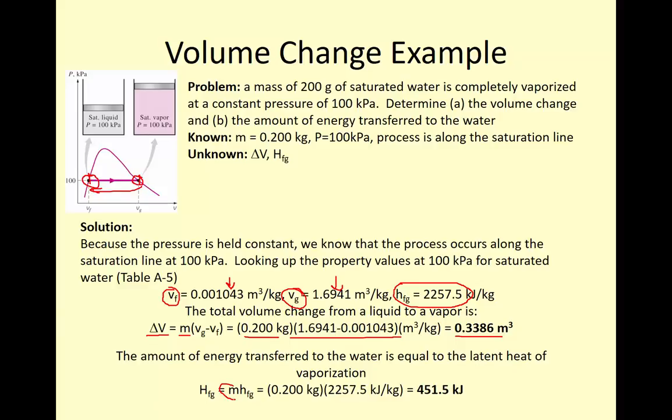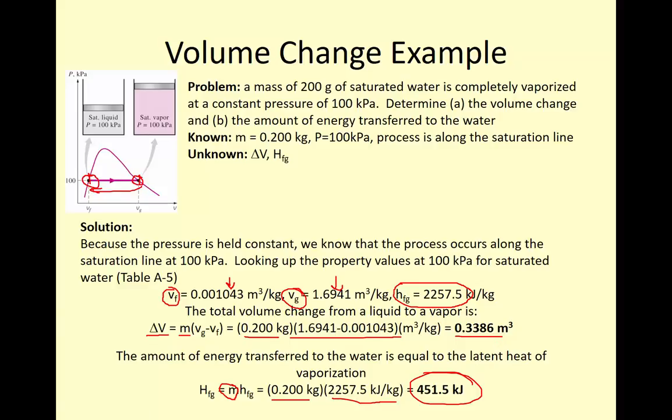So again, we multiply through by the mass because we want the total amount of energy transferred to the water, not the energy per unit mass. And we just multiply 0.2 kilograms by this H sub FG term, and we find that the total energy is 451.5 kilojoules.